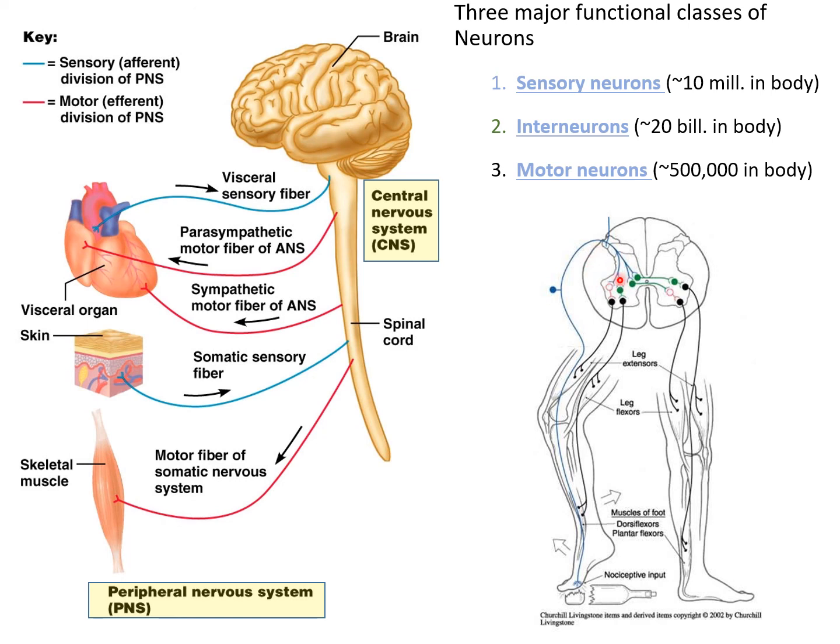Instead, this sensory neuron immediately synapses, which we can see right here, that's what this is indicating, immediately synapses with these green neurons, these interneurons. Okay, and these interneurons are pre-programmed to produce a particular response whenever this painful experience is experienced.